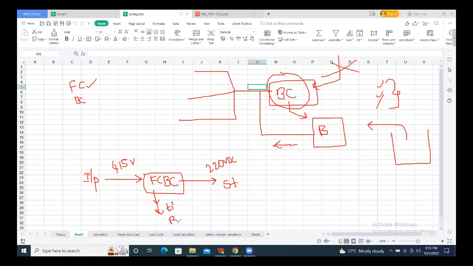This is how it generally works in the float charging mode.